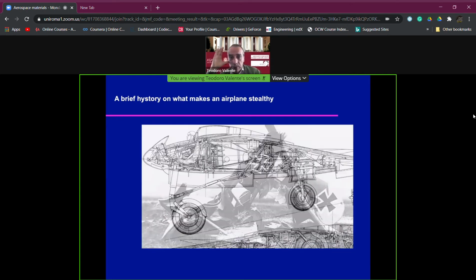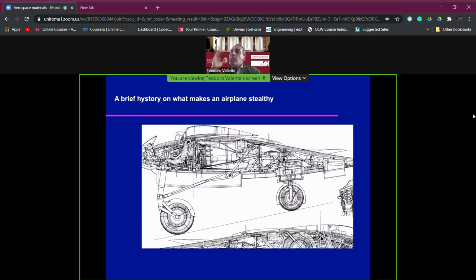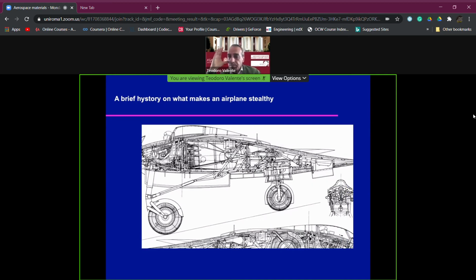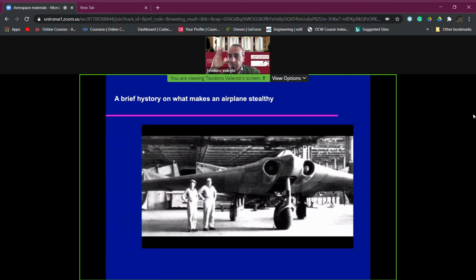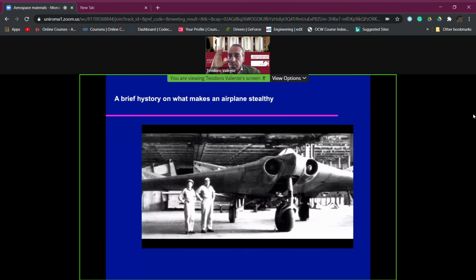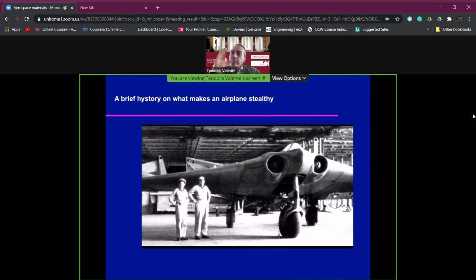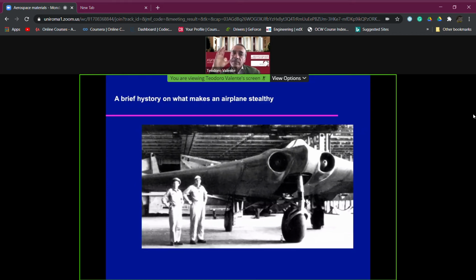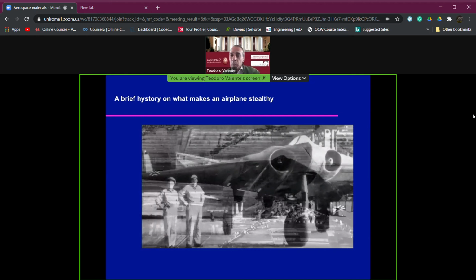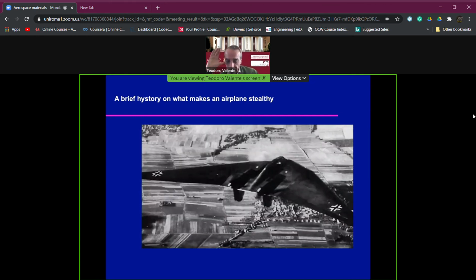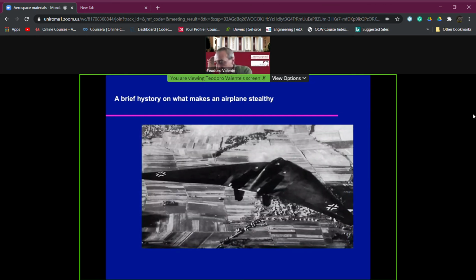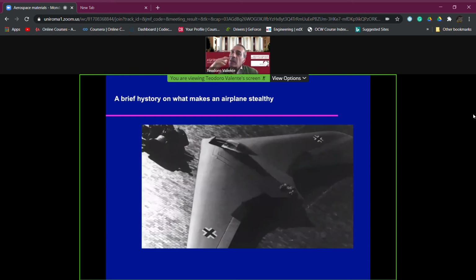A few decades later, during World War II, the Germans took another crack at stealth technology and developed the Horten HO-229 flying wing, which became the world's first flying wing to be powered by jet engines. Ultimately, the German aircraft ran into numerous technical issues and never saw combat, but nonetheless, it was an incredible achievement for its time.